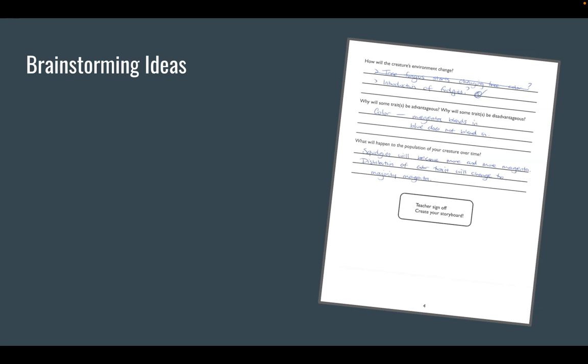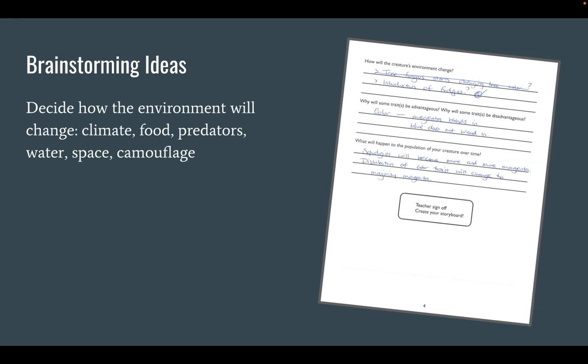Now that you have your organism created, it's time to decide how the environment will change. Things to consider might be how the climate could change. Maybe it gets hotter, or colder, or drier, or there's more rain. You could also change the amount of food. Perhaps a new type of food is available, or less food is available.